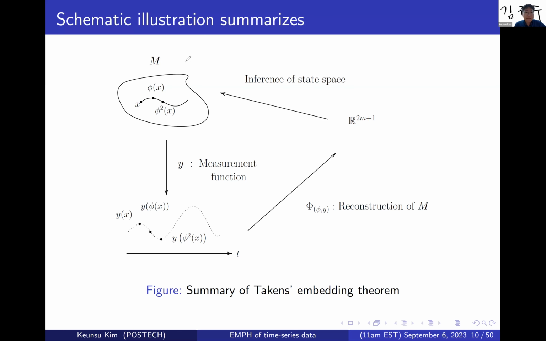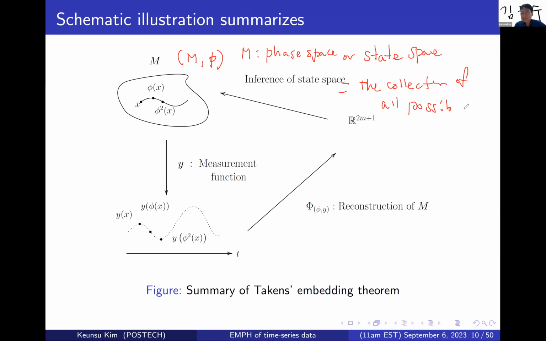Given a dynamical system, M and pi, M is called the phase space or state space, the collection of all possible states. And pi represents the trajectory of particles.